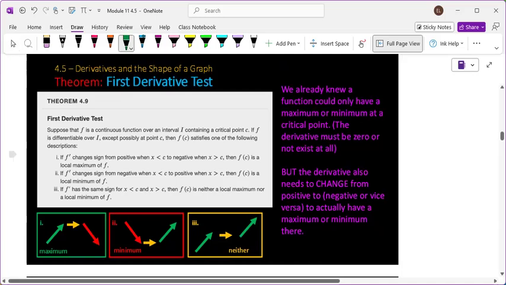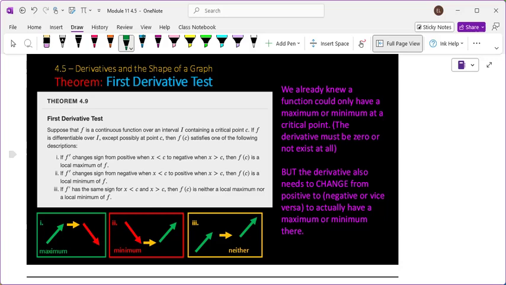We know maxes and mins will only occur at critical points. But it turns out that we also have to see particular behavior to be able to classify it as a local max or a local min. Before, when we were looking at the absolute max and absolute min, we didn't really care about the behavior around the critical values. We were literally just punching in the numbers, seeing who had the highest y, who had the lowest, done.